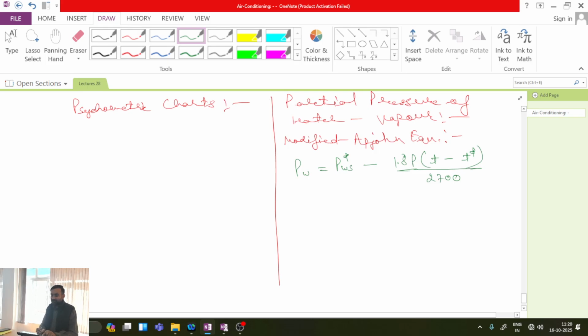Corresponding to wet bulb temperature, it is the saturation pressure of water, but corresponding to which temperature? Corresponding to wet bulb temperature. And P is total pressure, T is dry bulb temperature. This T, let me use capital T for the temperature. So capital T is dry bulb temperature and capital T star is wet bulb temperature.